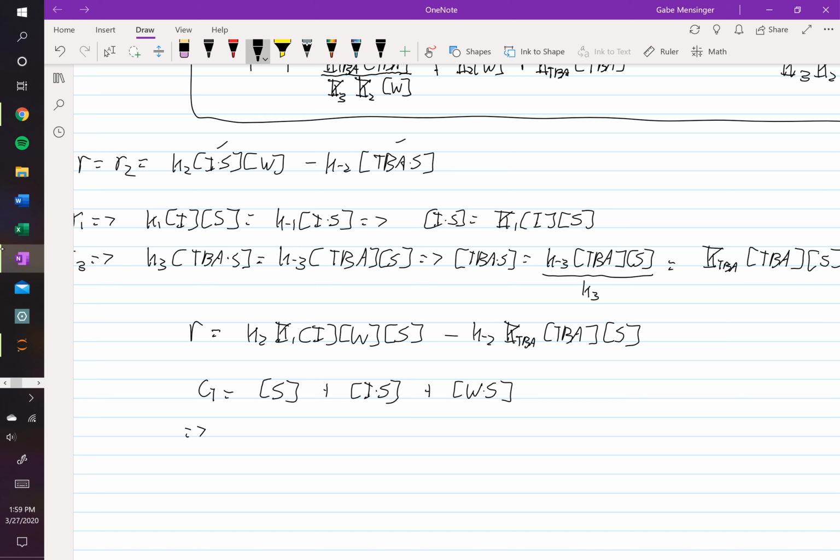So plugging that in, we get CT is equal to concentration of S plus capital K1 times I times S. We don't have water bonding to any of our sites, so we don't have to worry about that term.